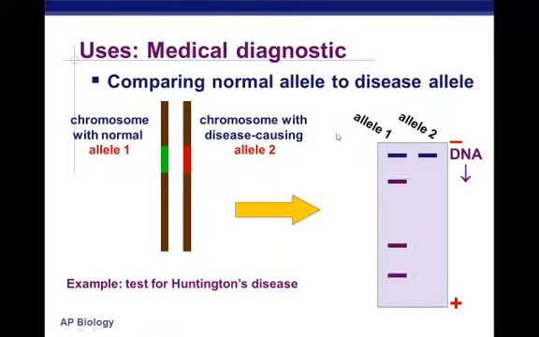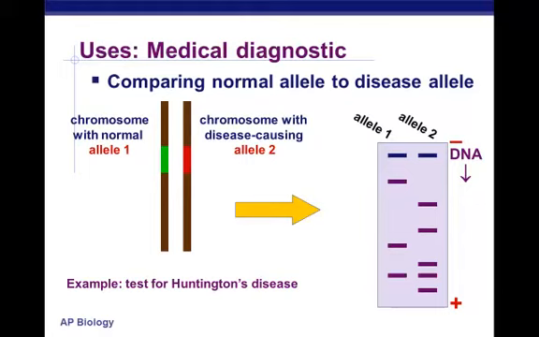We can use this for diagnostic purposes. One of the first pieces of evidence found for organisms with a genetic mutation came from comparing hemoglobin. You can run proteins on gels in addition to DNA, comparing hemoglobin between a person who had sickle cell disease and a person without that mutation.